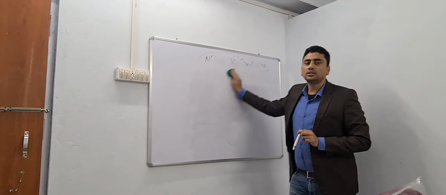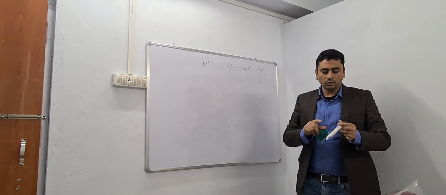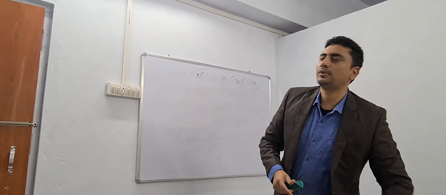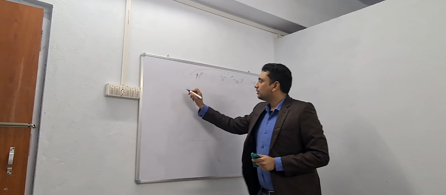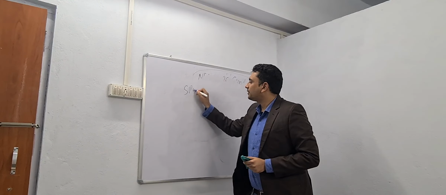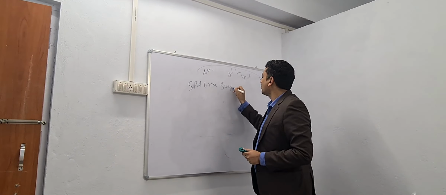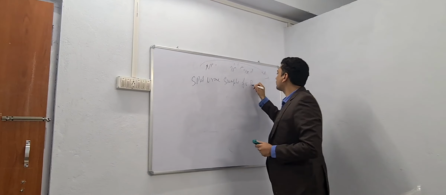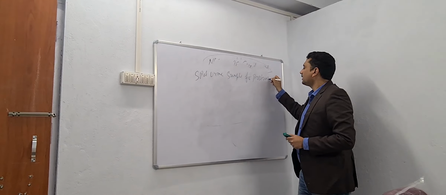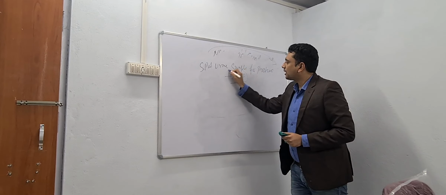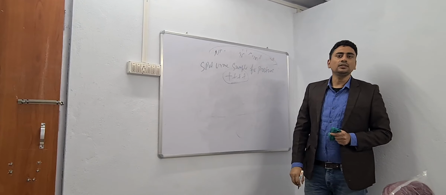So let's look into the findings, what was seen after urine and blood examination. The spot urine sample was tested for protein and it was strongly positive. It was +4. So there was appearance of massive protein in urine.